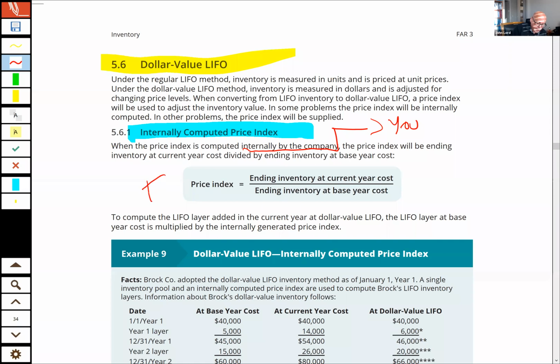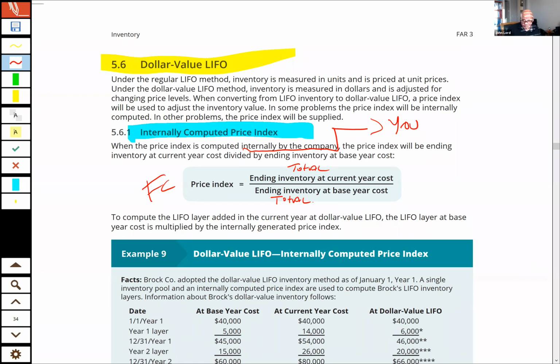Now, calculating the price index, and I think this is where folks start to make the mistake. It's calculated on total ending inventory, right? Total ending inventory at current year cost versus total ending inventory at base year cost.